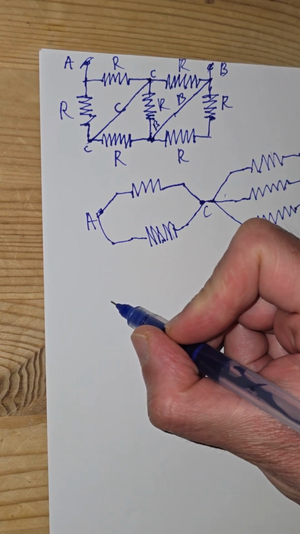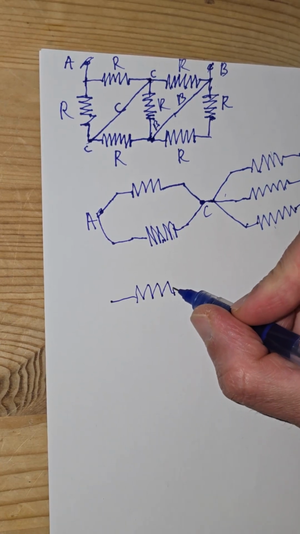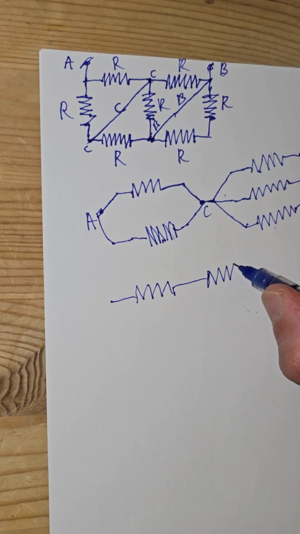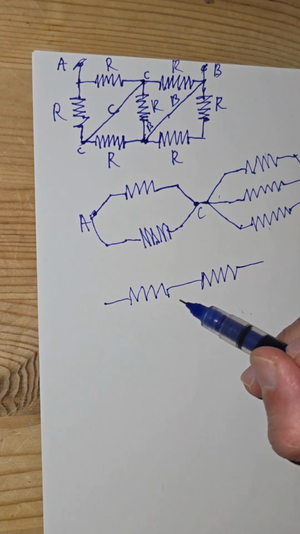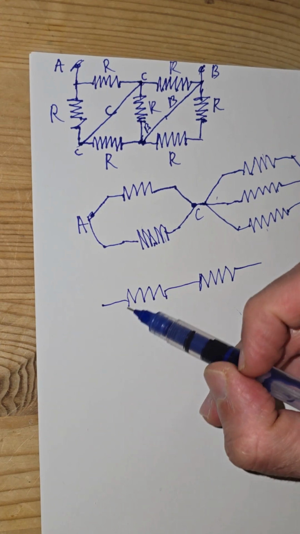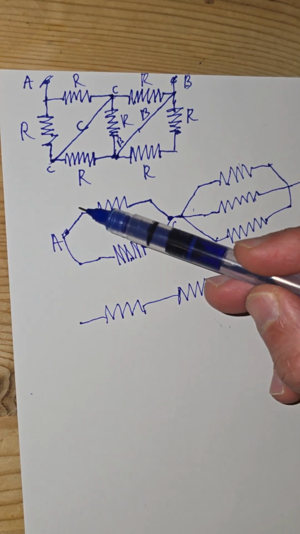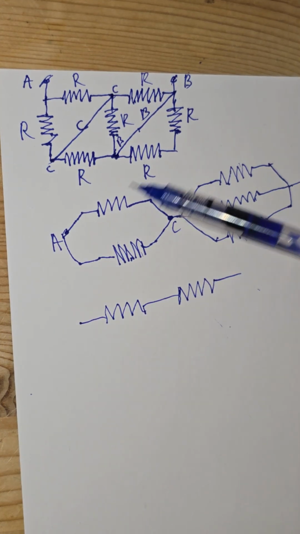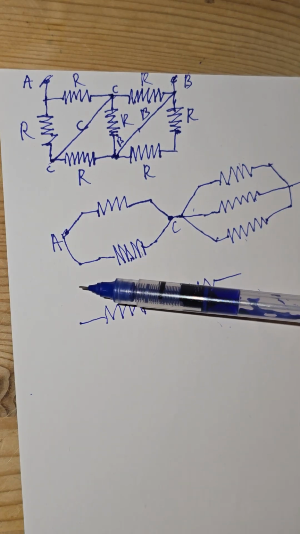For example, if they are connected like this, it means they are connected one point with one point, only one point with each other. But parallel is when all of the resistors are connected with one point, the same node.